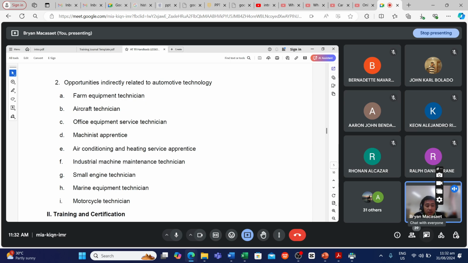Letter G, small engine technician. Letter H, yun yung tinatanong ni John Carl. Marine equipment technician. Letter I, motorcycle technician. Okay po? So, meron pa kayong idea kung ano pa yung mga indirectly related to automotive technology na trabaho?